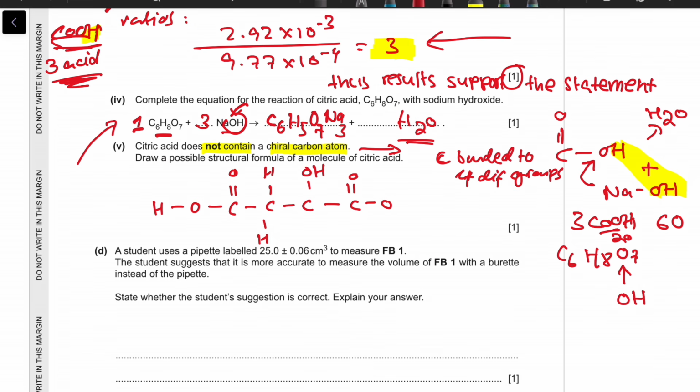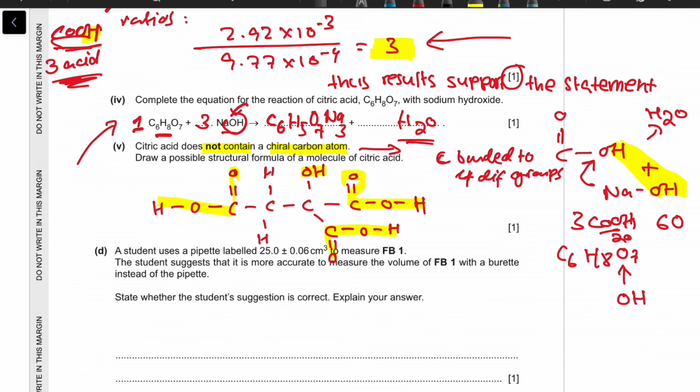OH, and then another COOH. Now if we take a look, we have our 3 COOHs, and we added an extra oxygen hydroxyl. There's no way that's just singly bonded to an oxygen, because then it would have to have a double bond, and then it couldn't bond to this, could it now?